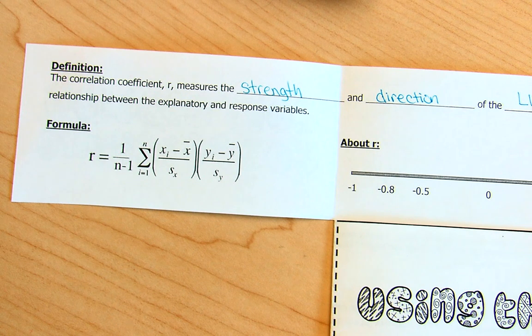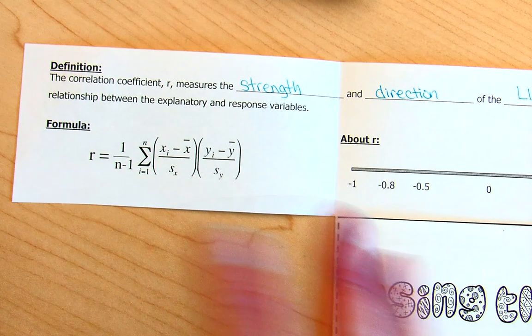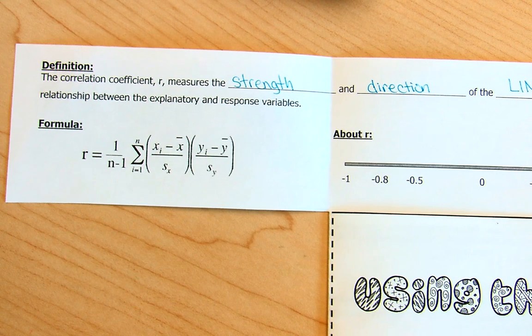So that ordered pair is going to become important, and we'll talk about it more later, but just realize that's what that means. Then the standard deviation for the X variable and the standard deviation for the Y variable are all in there, but like I say, this is not anything that you're going to actually be asked to use. It's just good to know.